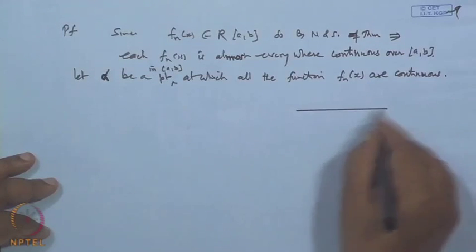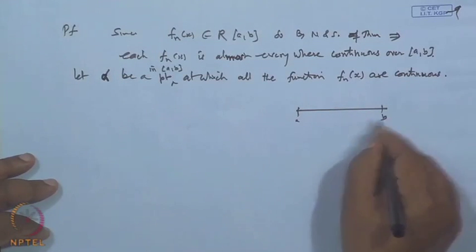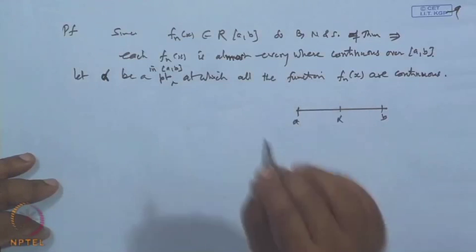So, this is the interval a b and here is alpha where all functions are continuous.